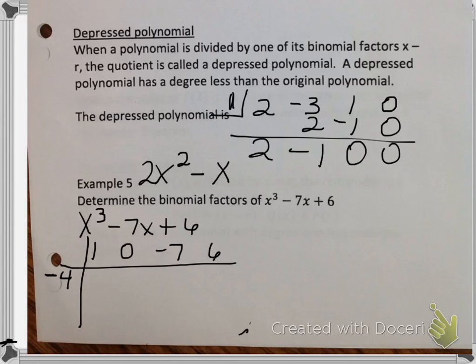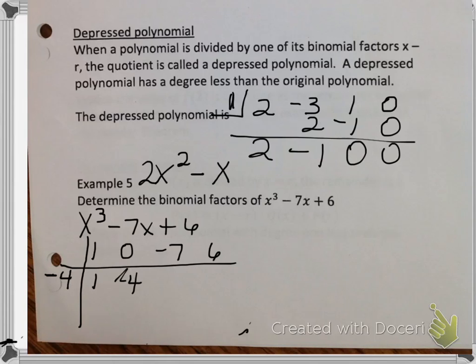Now I'm going to do a condensed version of the synthetic division, and I'm going to try some factors. I'm going to try negative 4, and I bring down the 1, I get negative 4 times 1, which is negative 4, plus 0. Negative 4 times negative 4 is 16.